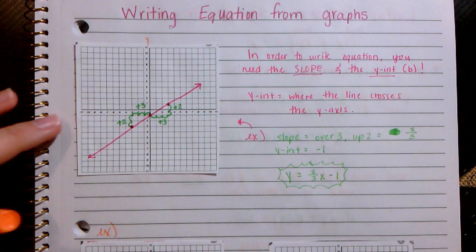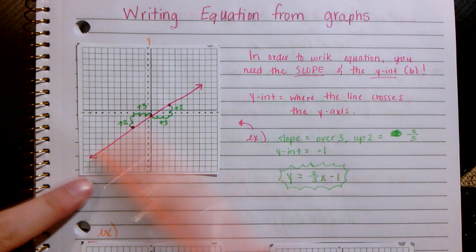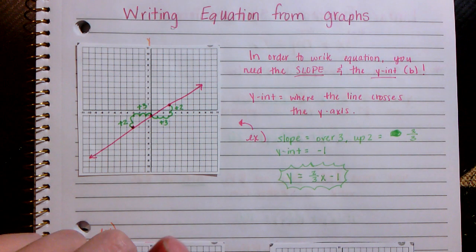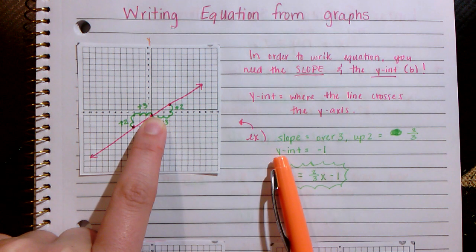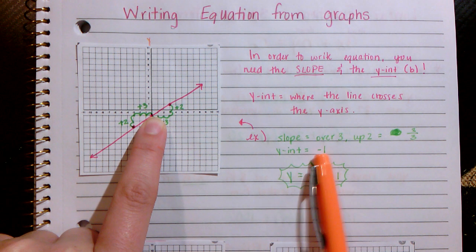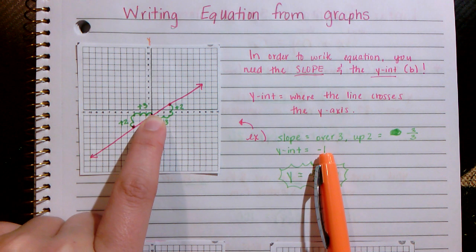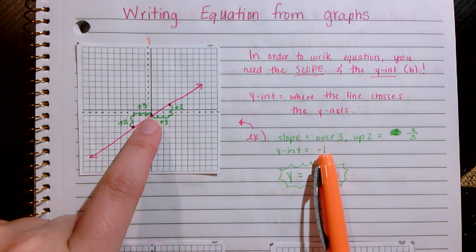That's the y-axis. So if I needed to know the equation of this line, the first thing I do is figure out where to start. So we're going to start on the y-intercept, the b value. So if b is at -1, I'll write that down. Y-intercept is -1. Okay. Now how do I move to get to this next dot?